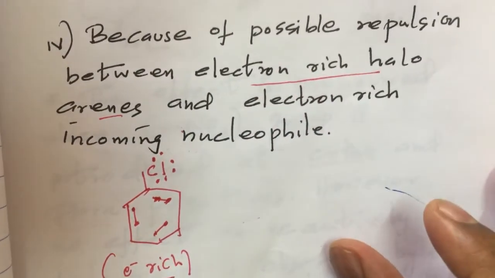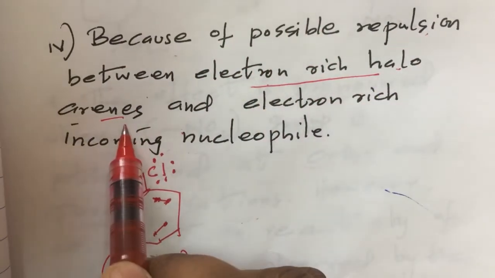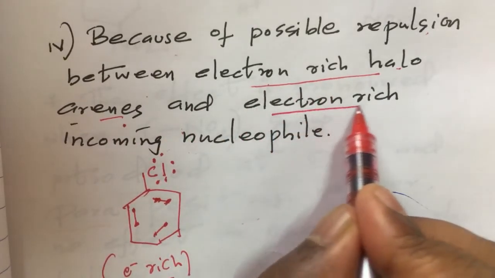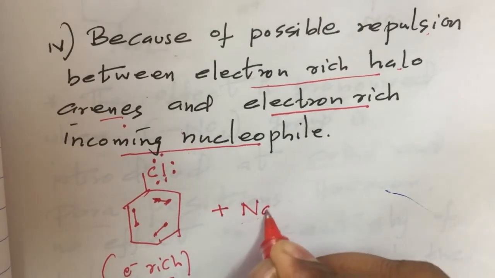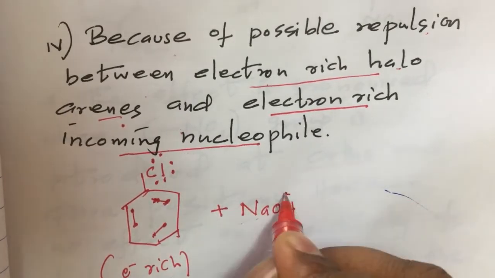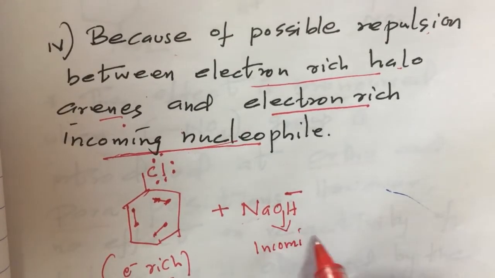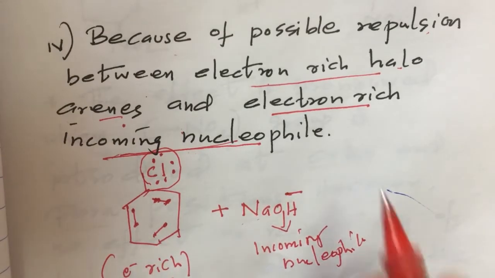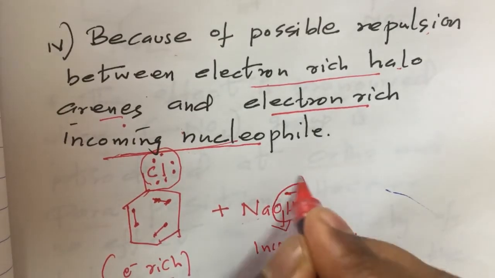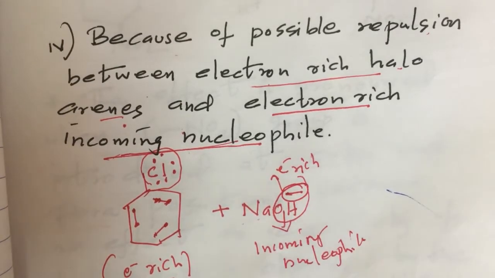Okay, read the statement again. Because of possible repulsion between electron rich haloarenes and electron rich incoming nucleophile NaOH. Here OH minus is incoming nucleophile, which is already electron rich due to the presence of negative charge.